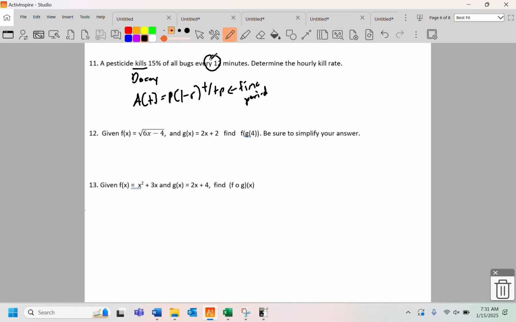This one's not singular, so let's do a per 12-minute one. After some time passes, we have the principal, which I don't even know what it is, times 1 minus 0.15 to the t over 12. So 1 minus 0.15 is 0.85.